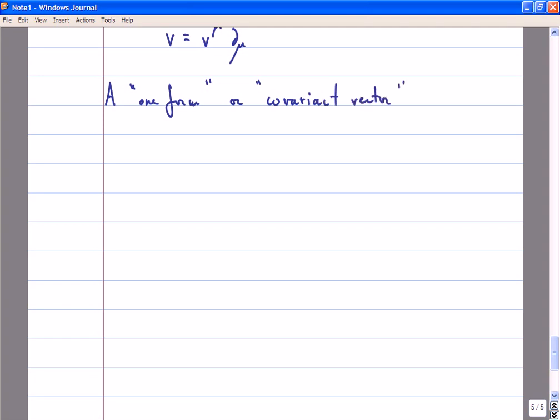is also a set of d functions which transform in a specified way under a coordinate transformation, just as a vector or a contravariant vector was a set of d functions which transformed in a specified way under a coordinate transformation.